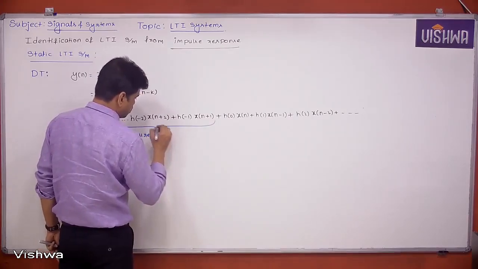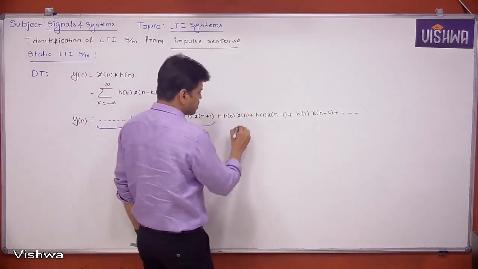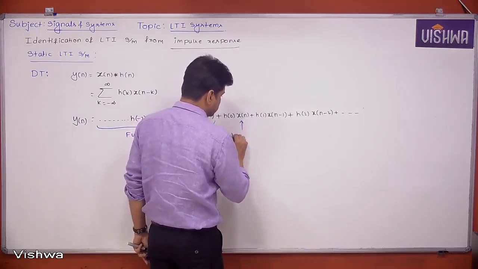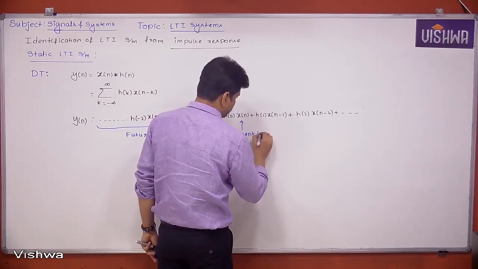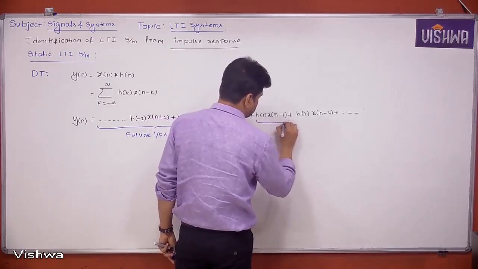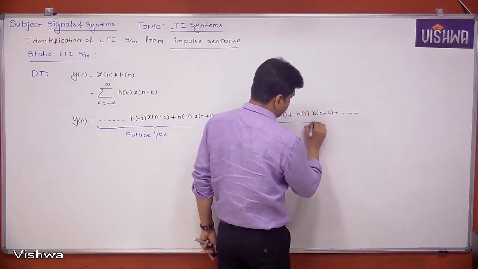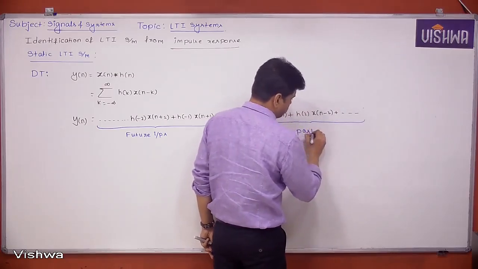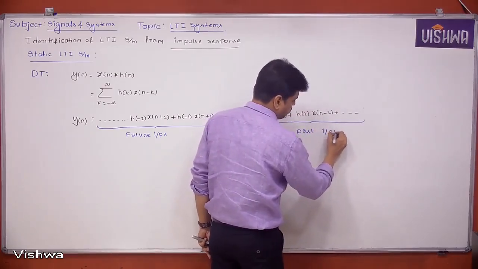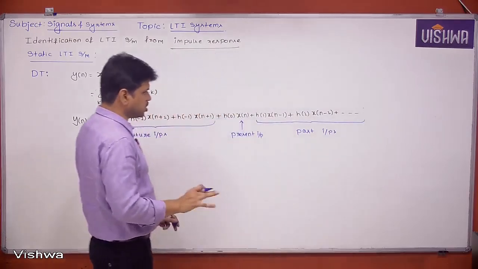Next, x of n is the present input, and x of n minus 1, x of n minus 2 are all past inputs. So this is what we got.